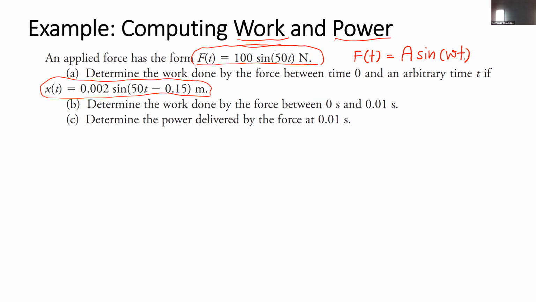And the position x(t) is written as a magnitude multiplied by the sine function of omega t plus a phase shift.